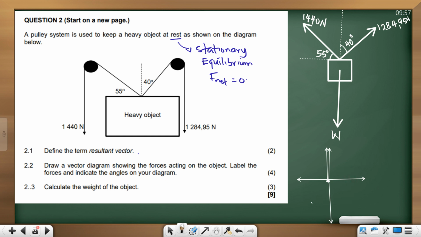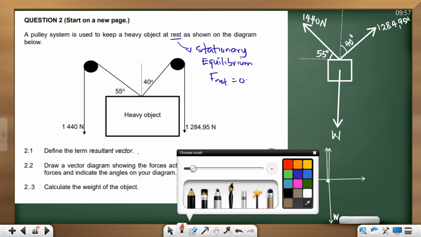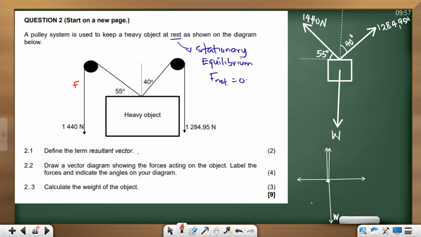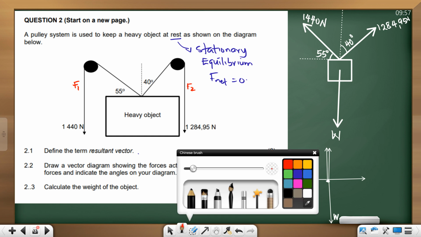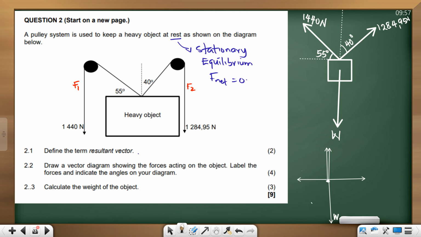When I do Newton's laws, I'll explain why this is longer. But just for explanation's sake, let's call this F1. Let's call this F2. So you would have gotten F1x, F1y, then F2y, F2x.